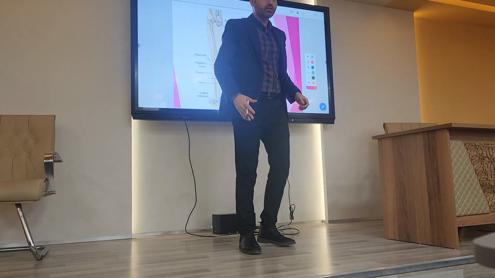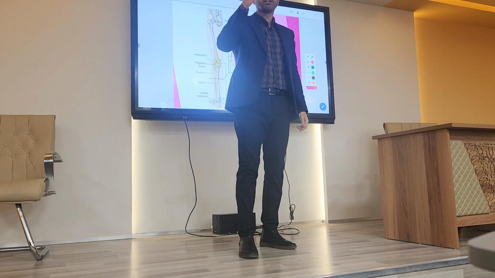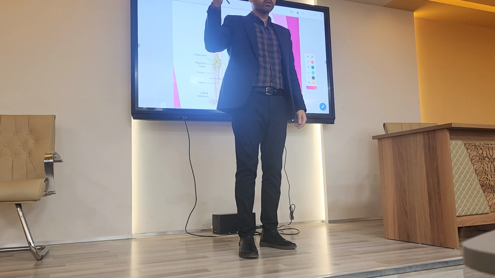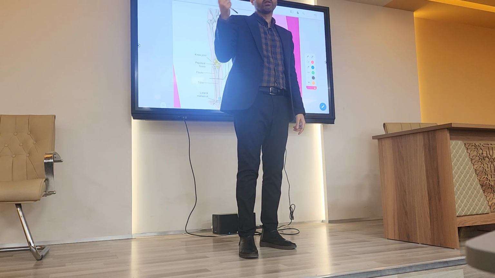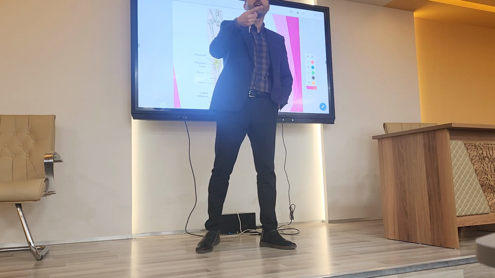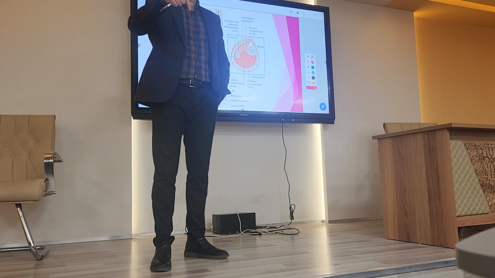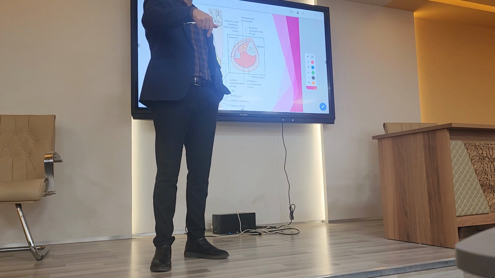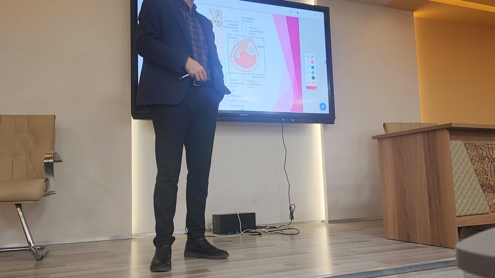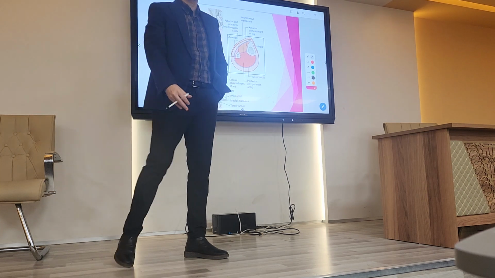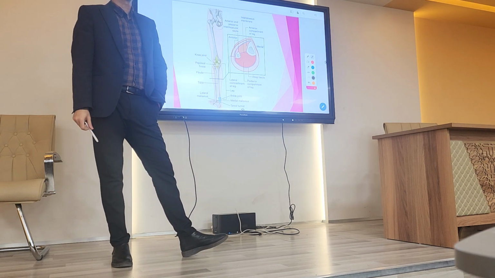We know that in the lateral compartment we have two muscles. Peroneus means fibularis: fibularis longus, fibularis brevis. So why in the anterior compartment do we have one muscle named fibularis tertius? Any idea?